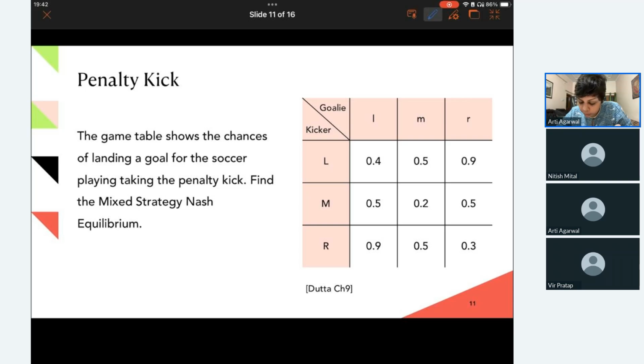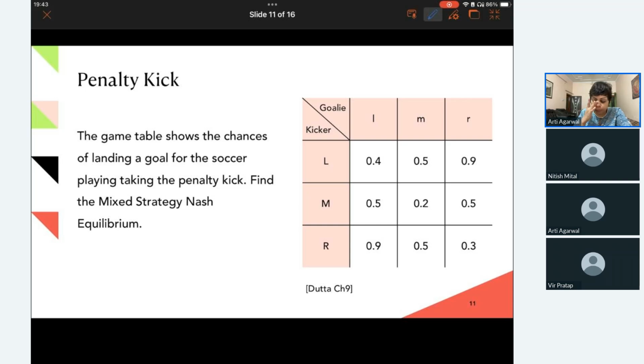Let's see, in this game, let's look at the strategy capital M. Compare capital M with the mixed strategy capital L and capital R. Okay.